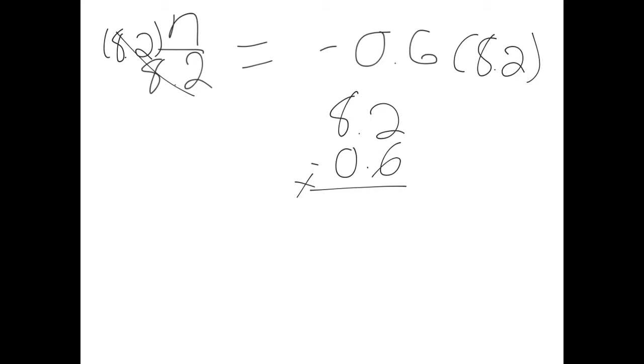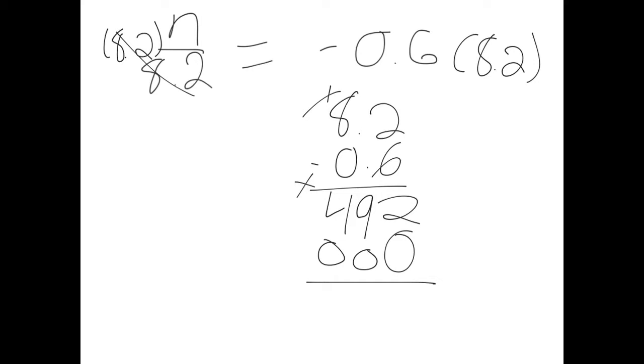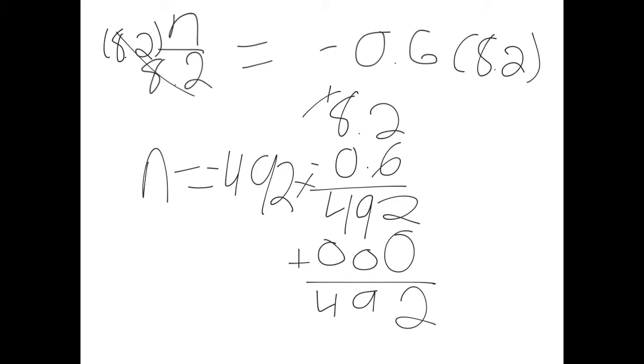Oh, it's different signs, so 2 times 12, 8 times 8 plus 1 is 49. You put your 0, and then 2 times 0 is 0, and 8 times 0 is 0. So your answer is 492, and so n equals 492. Negative 492, I'm sorry. Your answer equals negative 492.